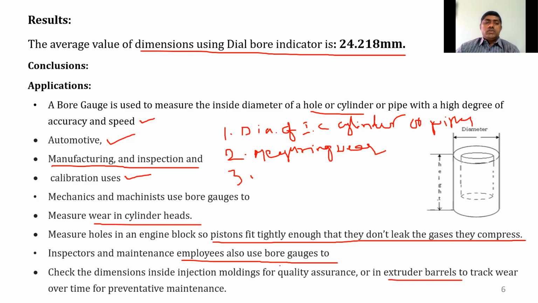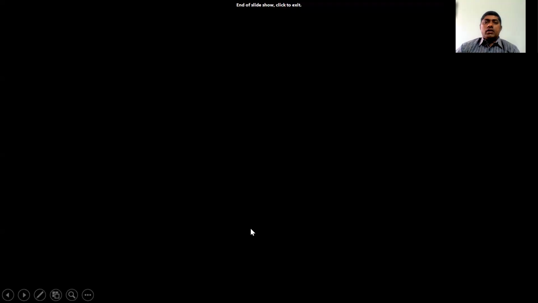In these cases, we use the dial bore indicator. In this way, we can measure the diameters of bores using the dial bore indicator.